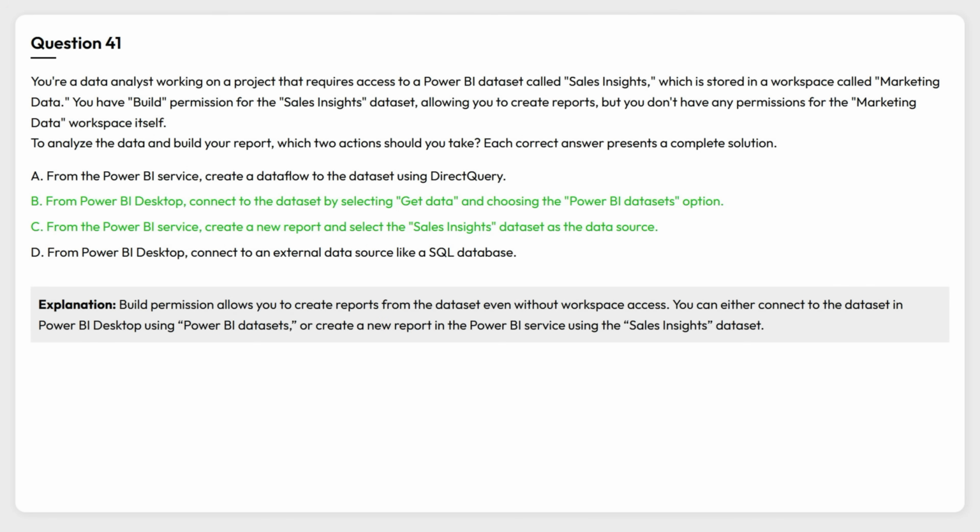Build permission allows you to create reports from the dataset even without workspace access. You can either connect to a dataset in Power BI Desktop using Power BI dataset or create a new report in the Power BI service using the Sales Insight dataset.